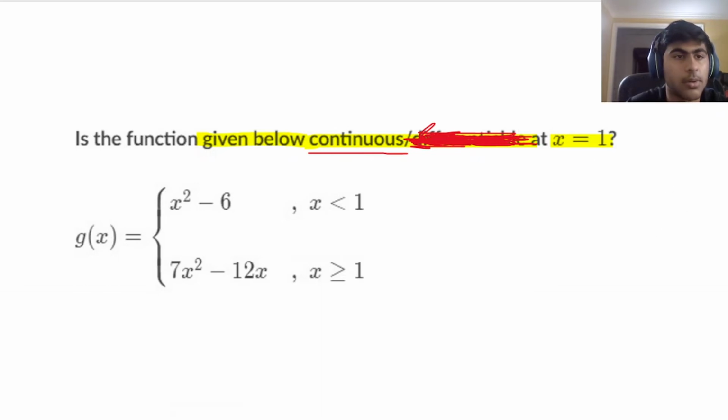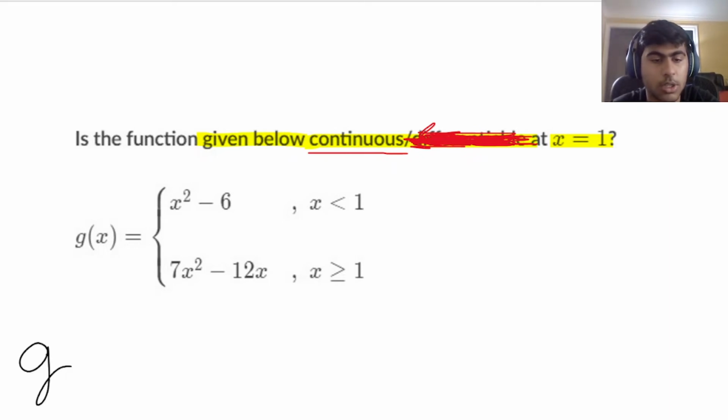All right, so if you remember from last unit, we talked about the three conditions that have to be met to give continuity. Three different quantities that have to be equal to give continuity. And the first one was g of 1, right?